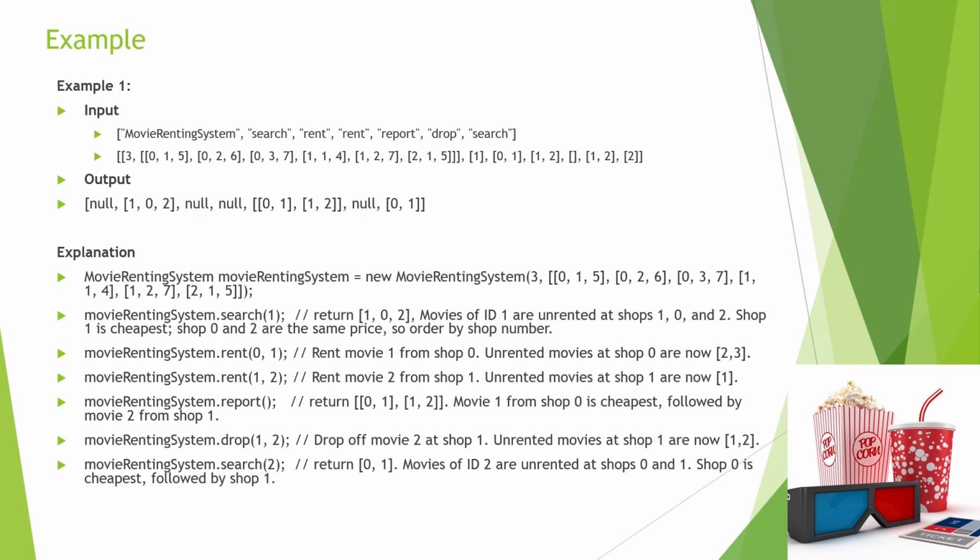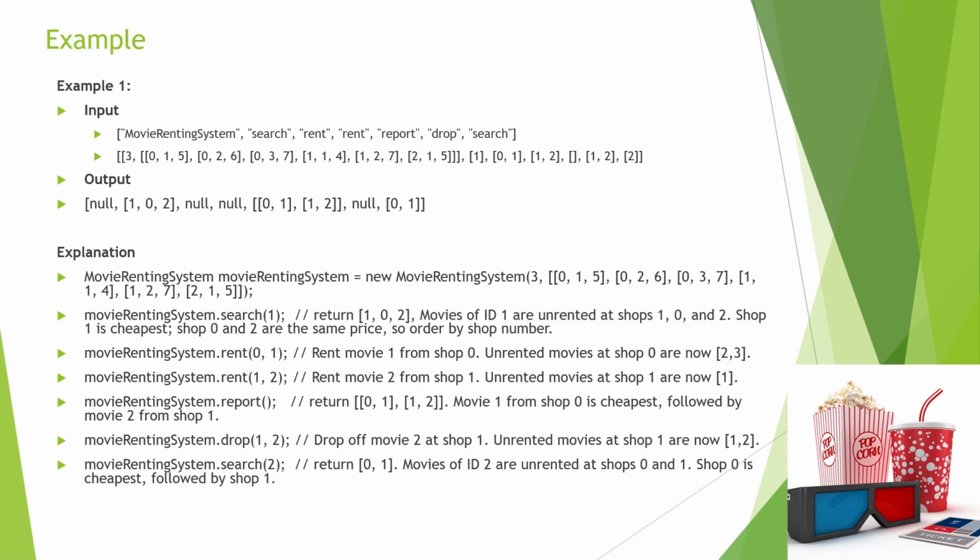Then comes the next input, which is drop, and input is 1, 2, which means shop 1 movie 2 gets returned. The buyer who has bought movie 2 from shop 1 returns the movie to the shop.